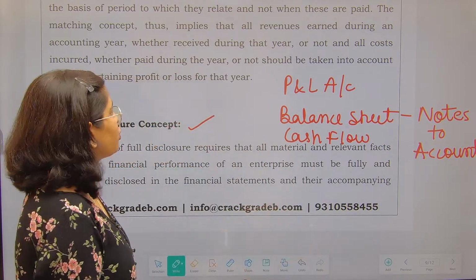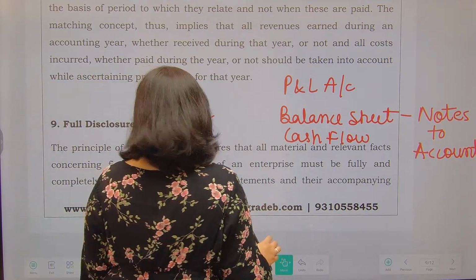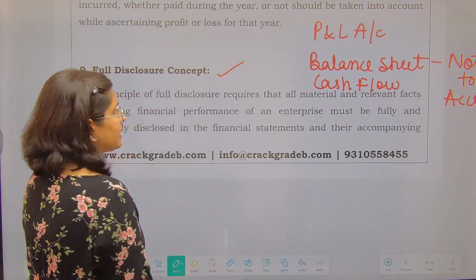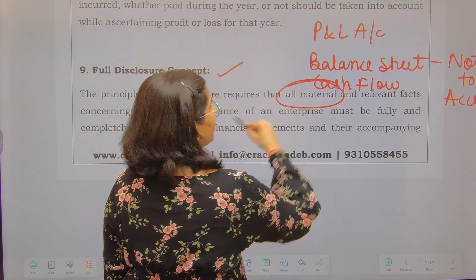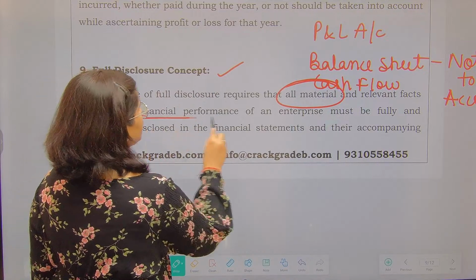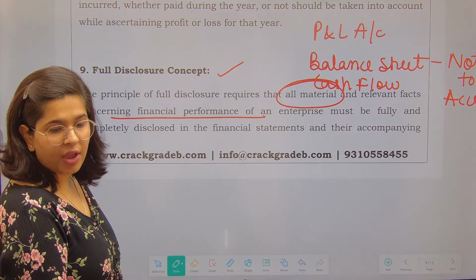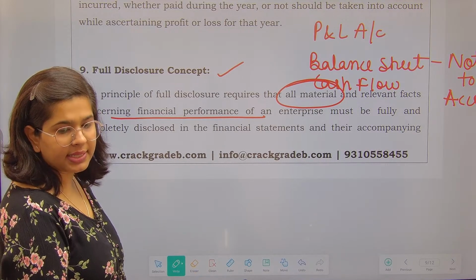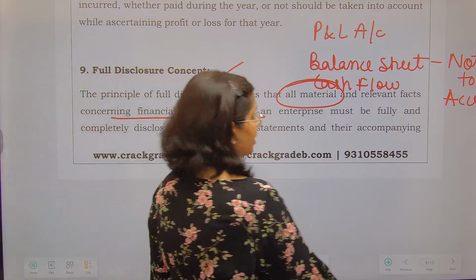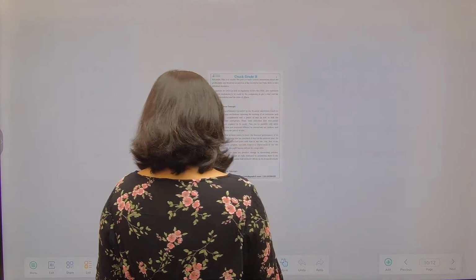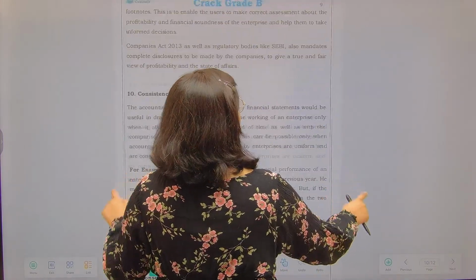So let's come back to the full disclosure principle. Full disclosure principle says that all material and relevant facts concerning financial performance of an enterprise should be fully and completely disclosed into your financial statements. This is your duty. This enables the users.